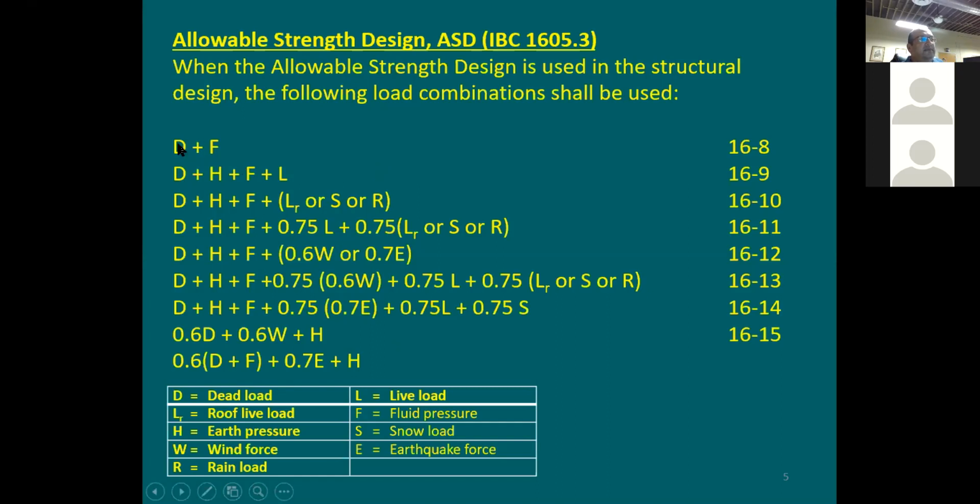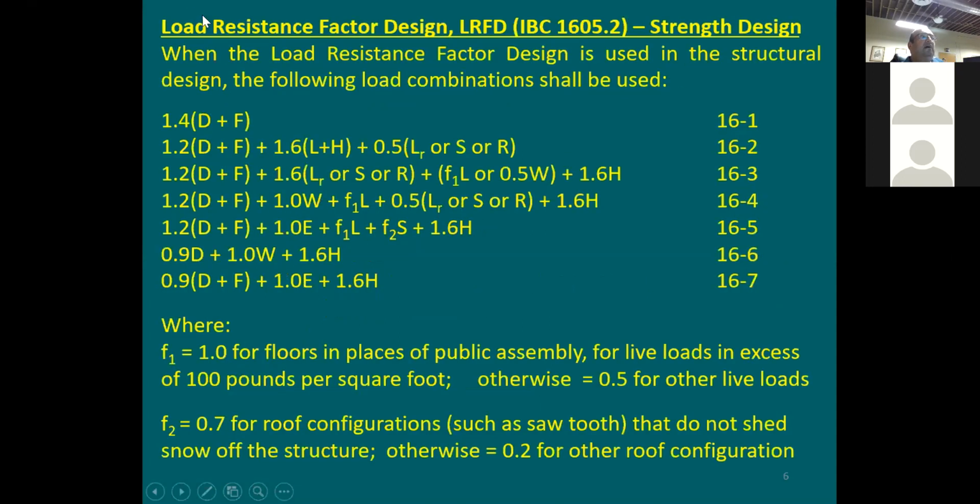So when it comes to dead load and live load and load factors in ASD, I don't have any, it just equals 1. If you do LRFD, they say the following. Take 1.4 times dead load. If this is going to be dead load, these are going to be the only loads that you have. Compare it with 1.2 dead plus 1.6 live.